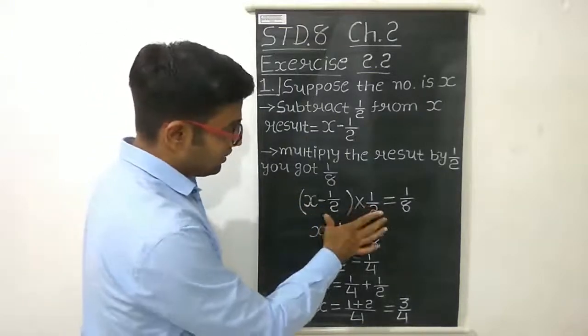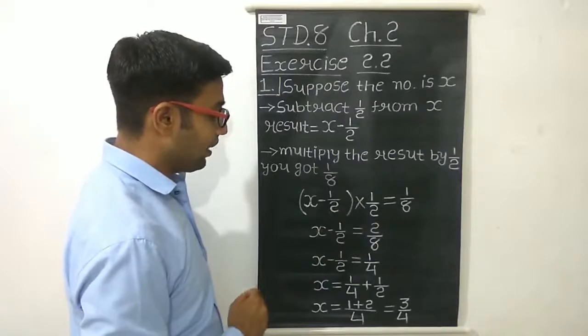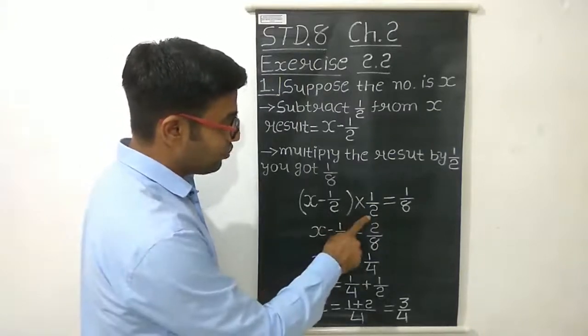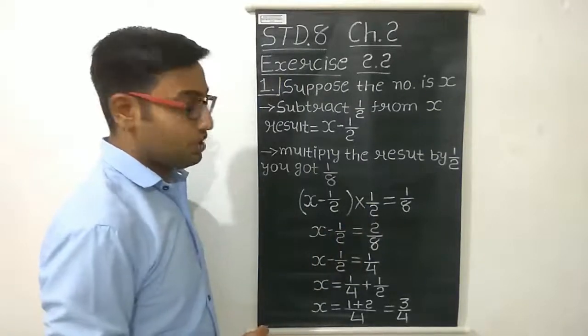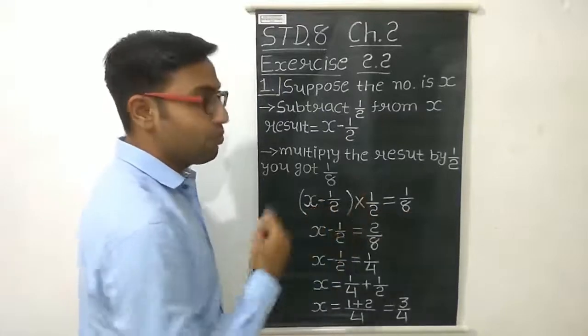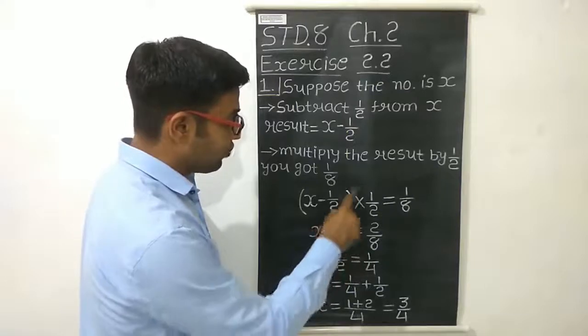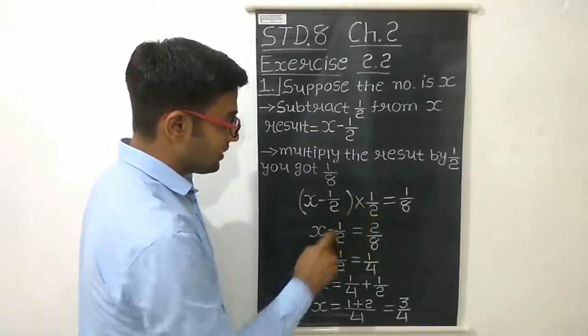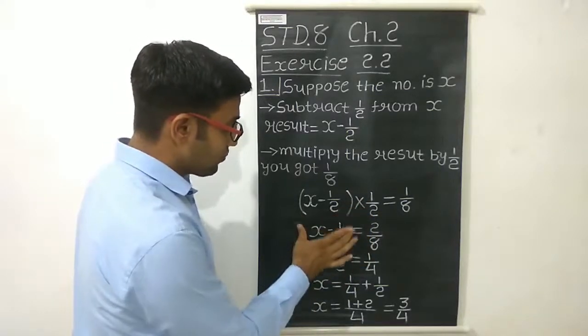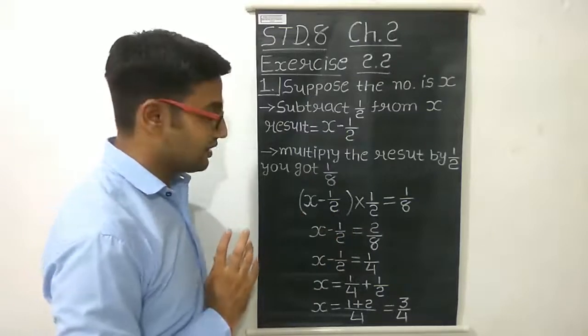To solve this equation, we can see that this 2 is in the denominator. So on both sides we have to multiply with 2. If we multiply this side with 2, this 2 and this 2 will cancel out each other. Only x minus 1 by 2 remains as it is.